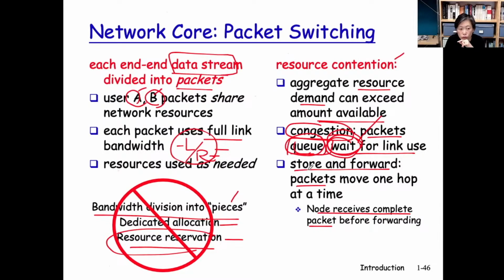This is called store and forward. So the router action in passing packets is to store the packet first and then forward the packet next. This mechanism determines how packets are moved, one hop at a time, meaning you have one of these L divided by R every hop, every router.